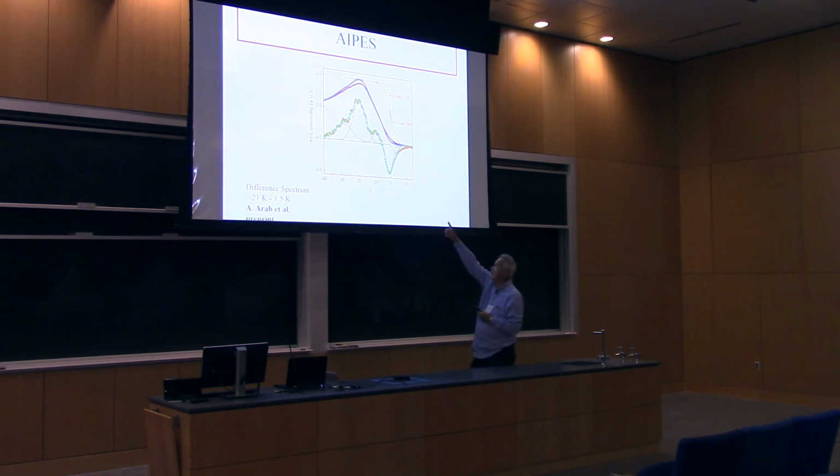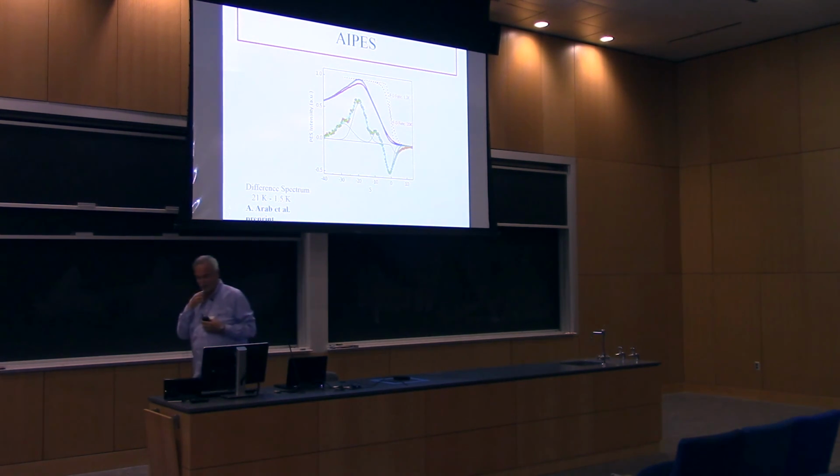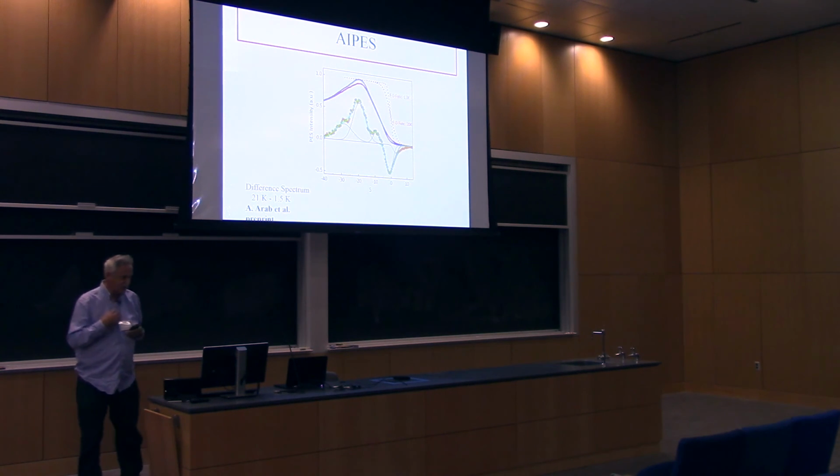What you see is a prominent feature at around 19 millielectron volts. You have this feature at 5 millielectron volts, 9 millielectron volts, which we think is the spin exciton, and this is just the bottom of the Weyl cone at low temperatures. So I think with that I'll finish, and thank you for your attention.